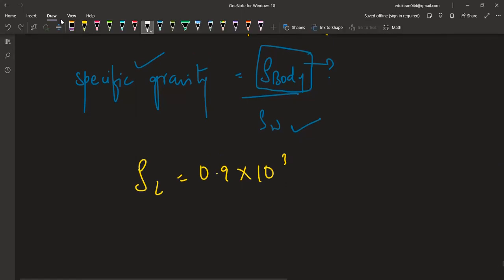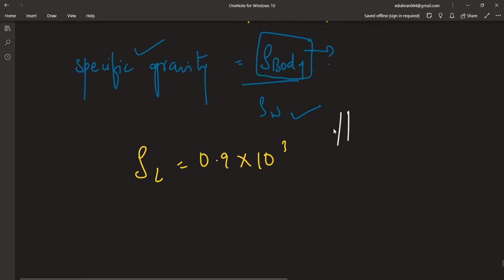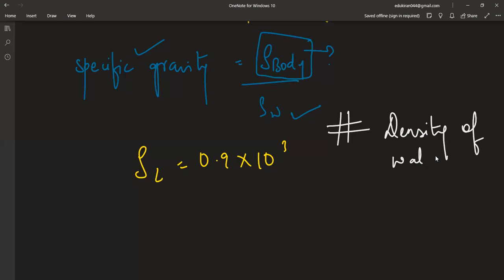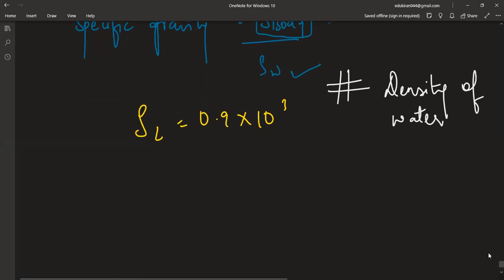Whenever you are having your exam, please remember this, because throughout your entire physics, and especially in class 11, the density of water is extremely important. You should remember it by yourself. It won't be mentioned in the question every time. There are chances that the value of the density is given, but it's not necessarily needed. So what is the density of water?